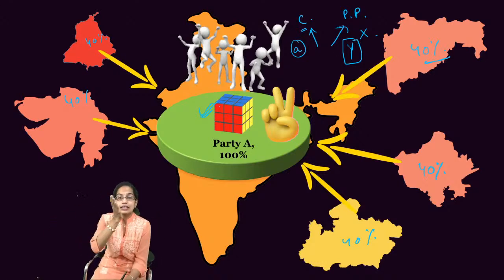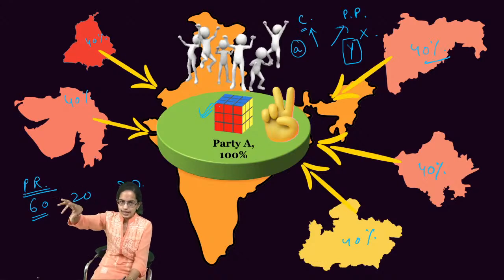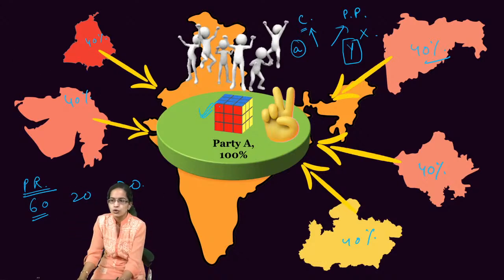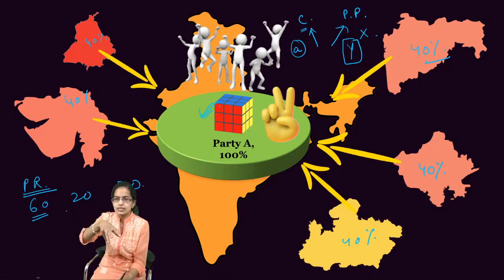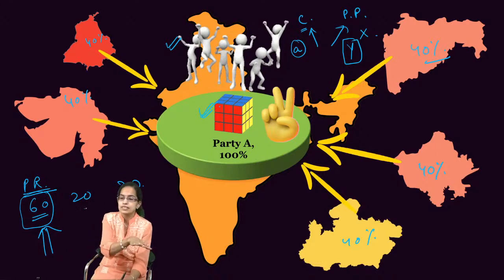Now when there is a proportional representation, what would be the case? Let's say it says 60, 20, 20. That means 60%. So each of the candidates who are winning in each of these 5 states constitute 40%. And all of those winning candidates would not go as 100% to the center, but would be subsumed in this 60%, because I need to give representation to other parties as well. So for the 20 and 20, I have the quota for representation of other political parties.